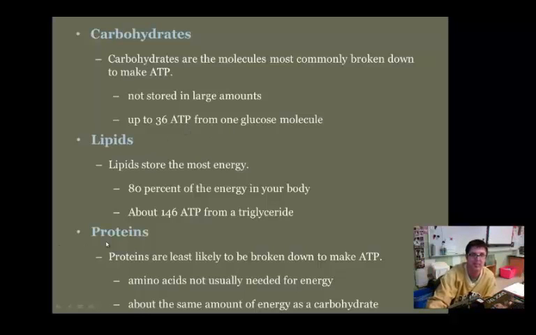Then down at the bottom, proteins. We don't usually break down proteins for energy, but we can if we have to. Okay? Proteins are mainly used to break down and get those amino acids so we can make different types of proteins. But proteins and carbohydrates produce about the same amount of ATP.